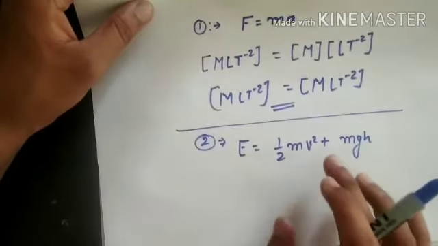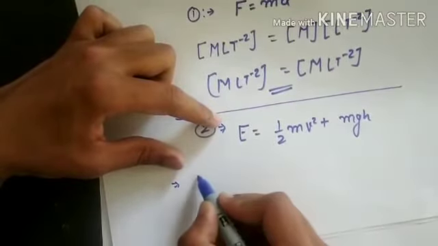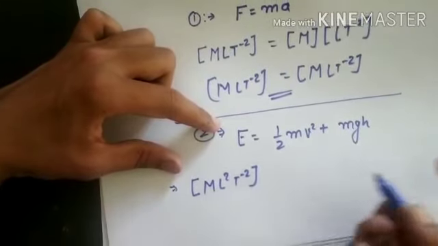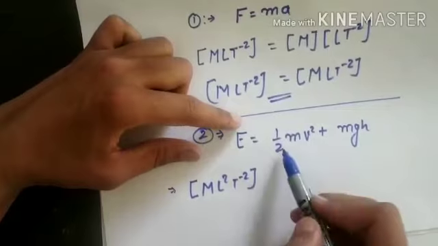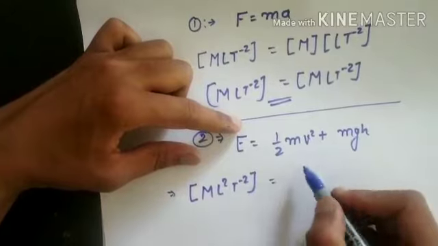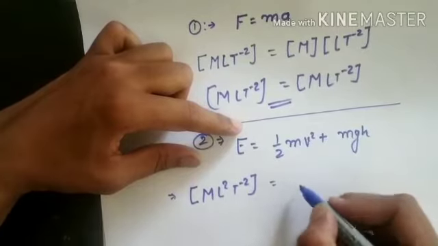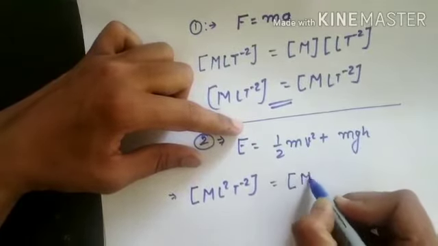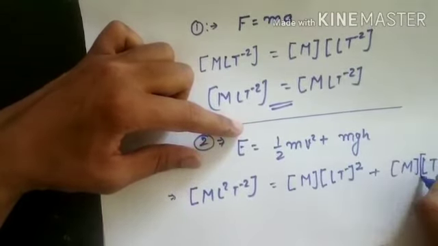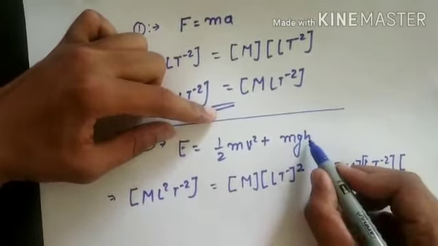Then to check whether this equation is consistent or not, we will write the dimensions of each term involved in it. Energy quantities have dimensions ML square T minus 2. According to the previous rule, each term, half mv square and mgh, must have the same dimension. Let's check. Half is an arbitrary constant, and arbitrary constants don't have any dimension. We'll write the dimension of mass, that is M, and v square means LT minus 1 to the power 2, and height h means length.